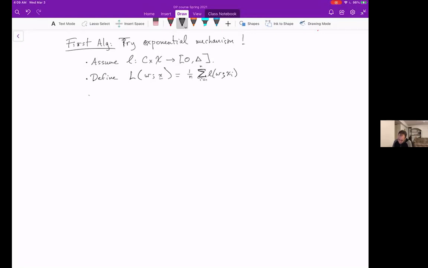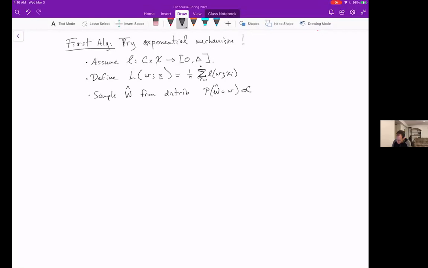And what we'll do is we'll construct a distribution. We'll sample W hat from the distribution that is proportional to something exponential.